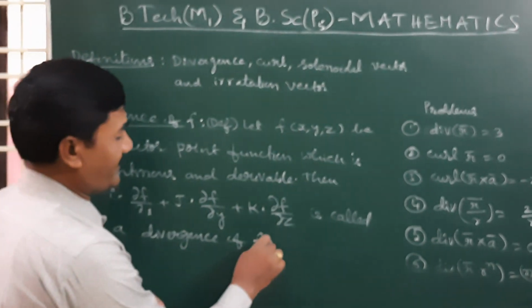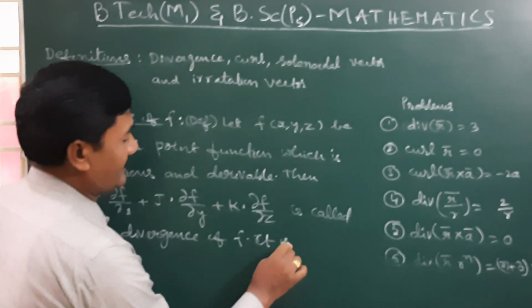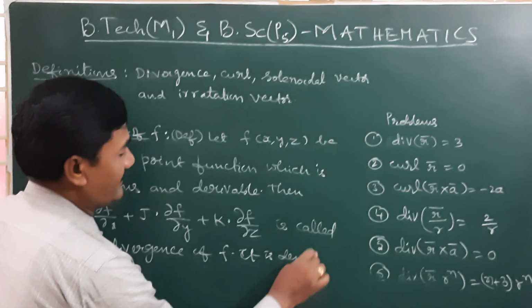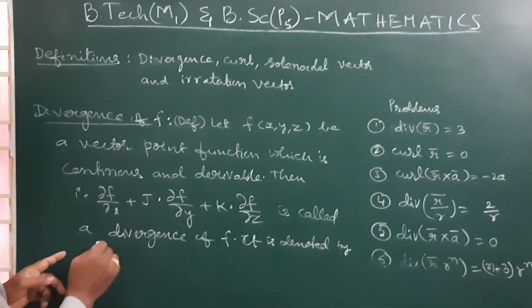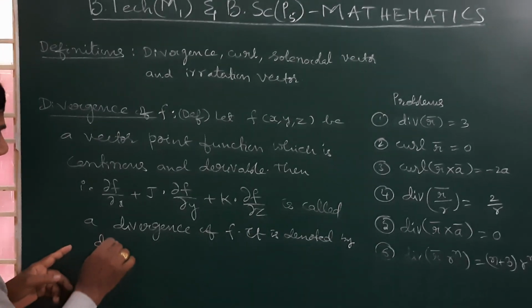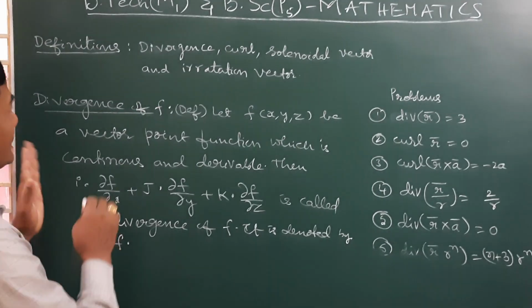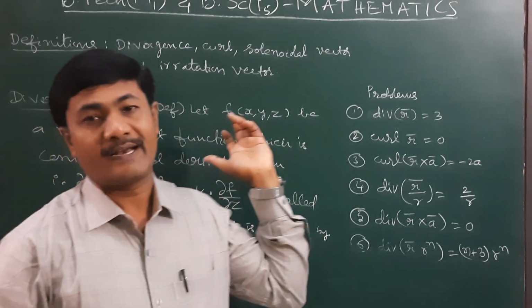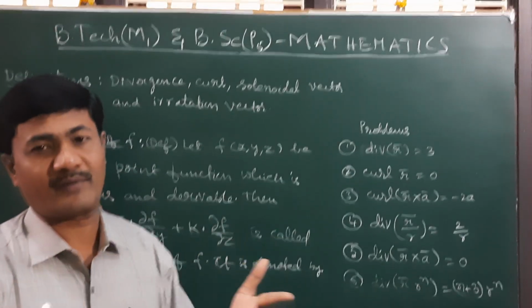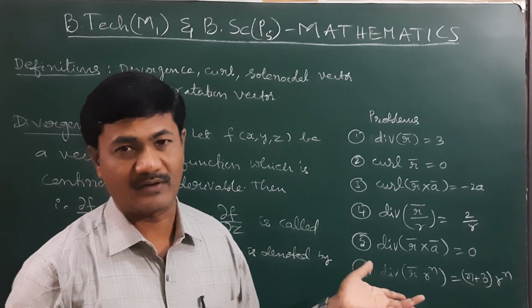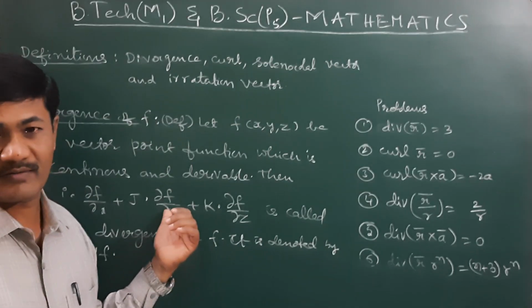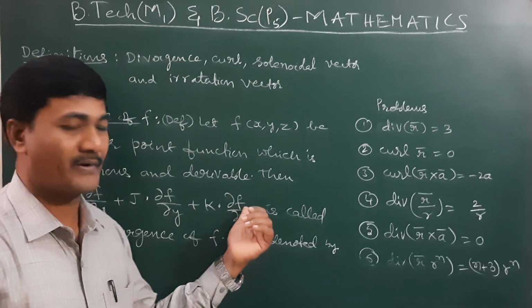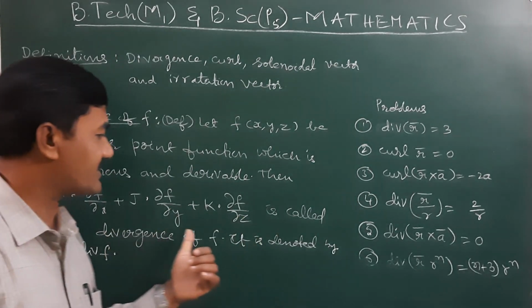It is denoted by div f. So the divergence of f means that f of x, y, z is a vector point function which is continuous and derivable. Then i dot dou f by dou x plus j dot dou f by dou y plus k dot dou f by dou z is called the divergence of f.